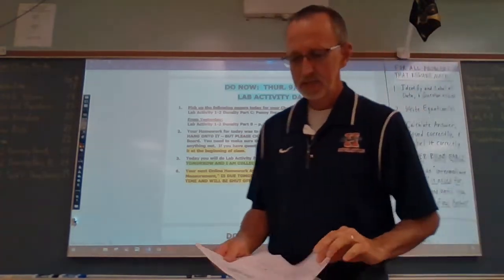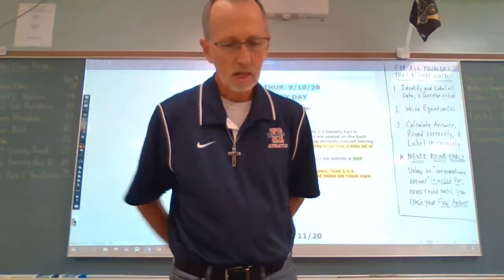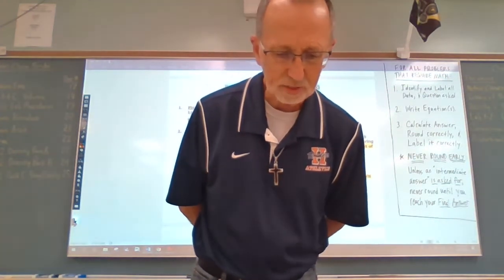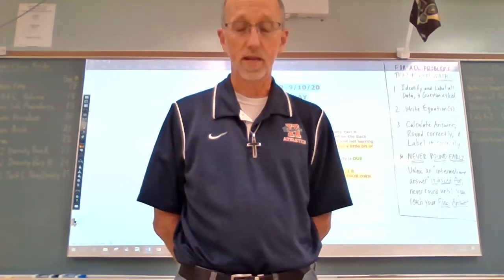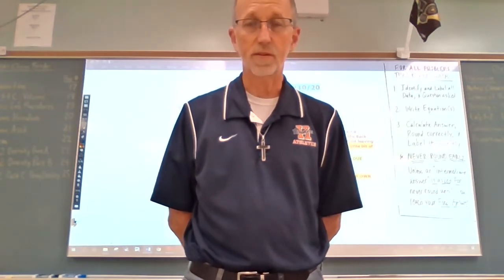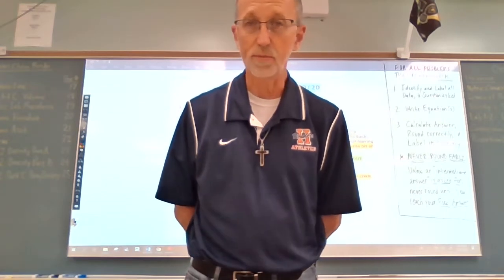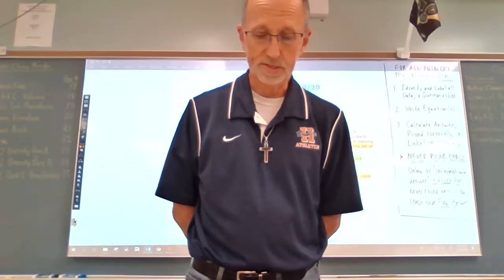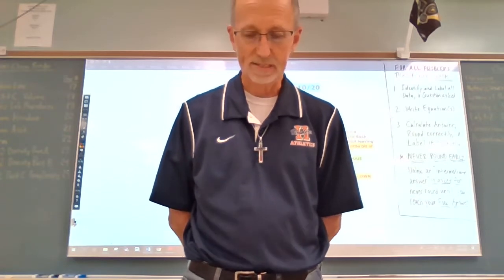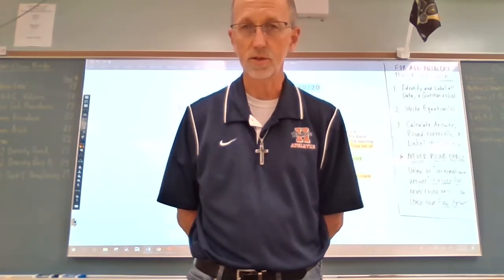So let me grab Part B real quick. And yesterday we went over, let's see, I had you start. We did parts 3A and 3B, and I did the first one in part C over lead. You were to do nickel and zinc. Again, you could have solved the density mathematically by using D equals M over V. You could have also solved for mass by doing it graphically, by looking at your graph.